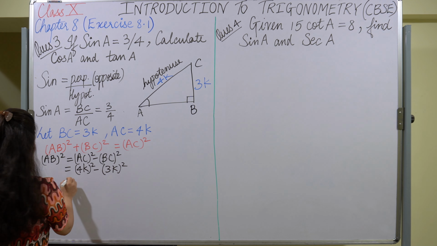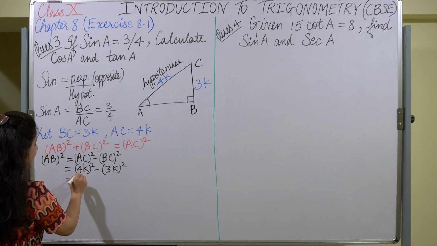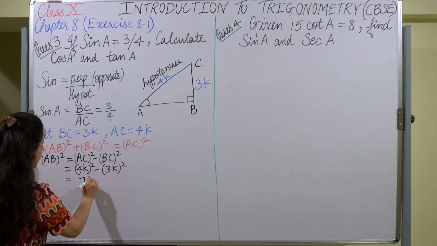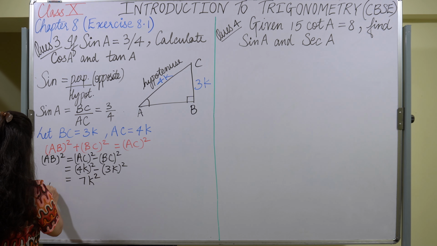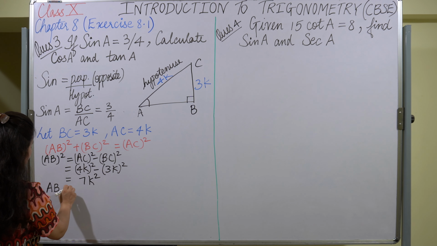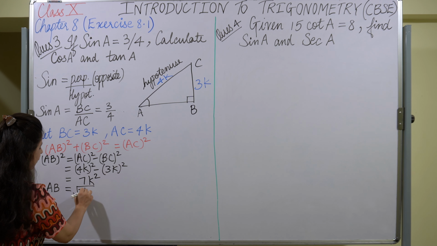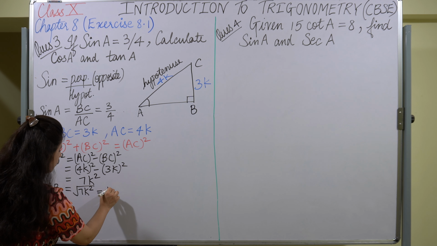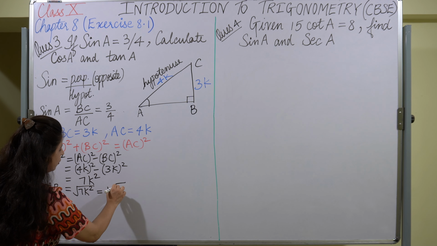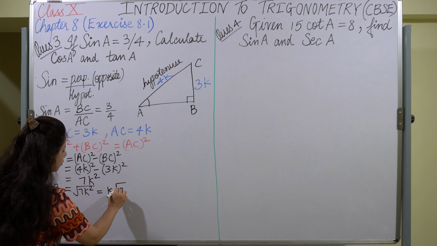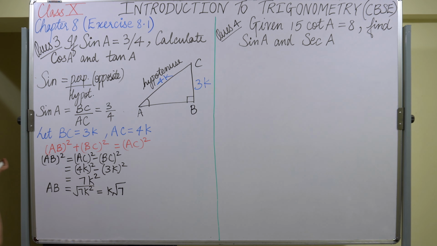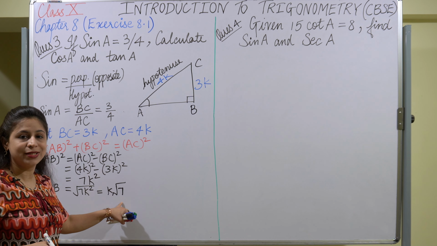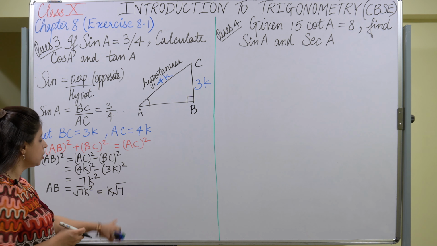So it will be 16K square minus 9K square, which gives us 7K square. We need to find AB, so AB will be under root 7K square. K will come out of the under root sign, but 7 will remain in the under root. So the value of AB comes out to be K under root 7.